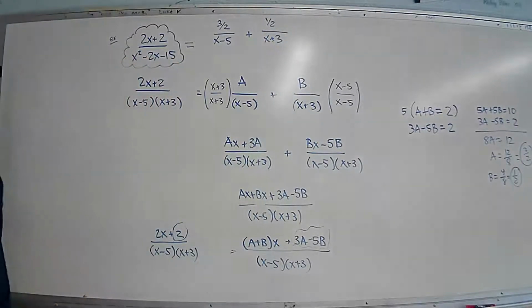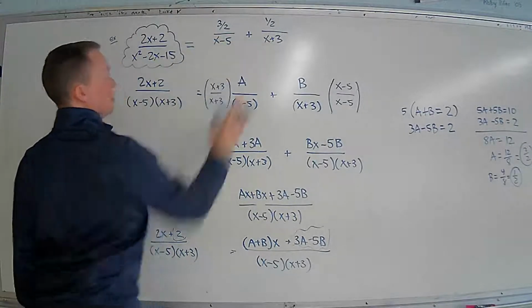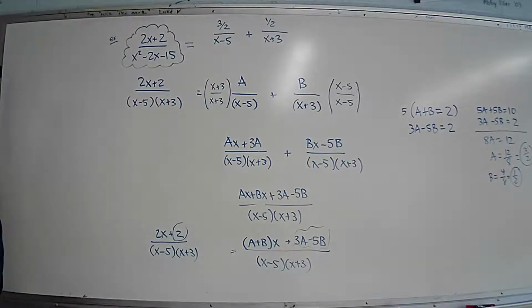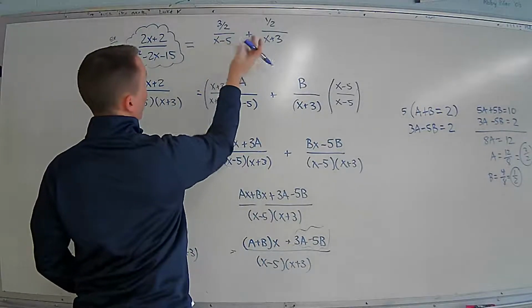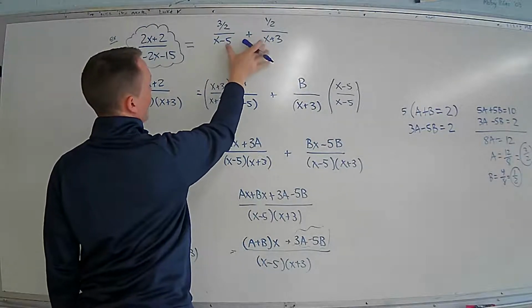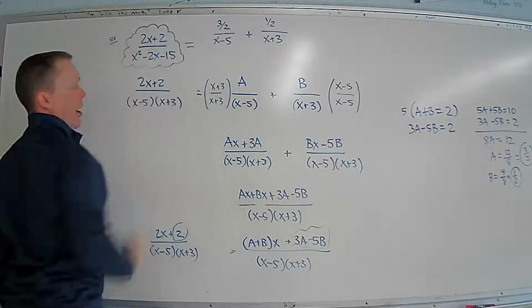Okay? So this fraction equals these two fractions added together. Okay. So if I were to start off the video with adding these two fractions together using a common denominator, I would get that.